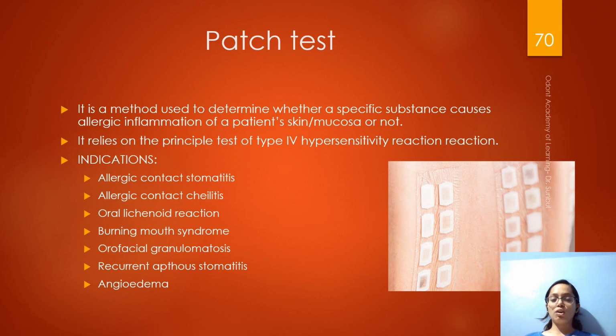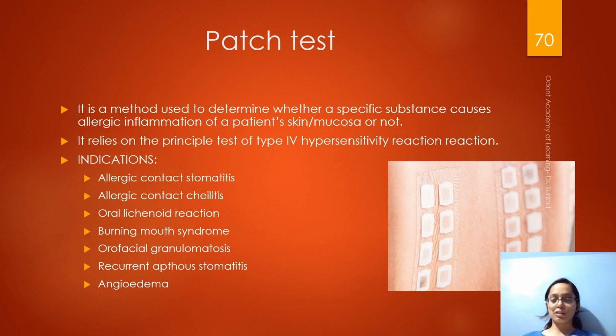Then there's something called the patch test. If a patient is particularly allergic to a particular food item or a drug, then type 4 hypersensitivity reactions will be seen. So it is indicated in patients who are having allergic contact stomatitis with particular things, maybe restorations also, or metal prosthesis, allergic contact cheilitis or oral lichenoid reaction, burning mouth syndrome, orofacial granulomatosis, aphthous ulcers, angioedema.